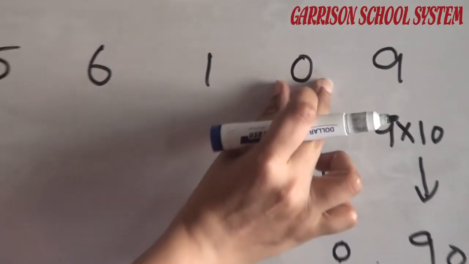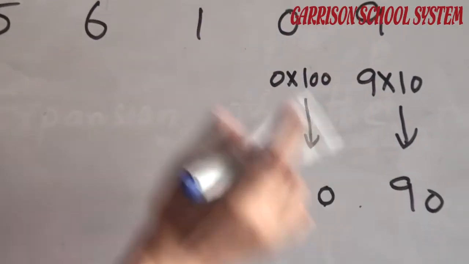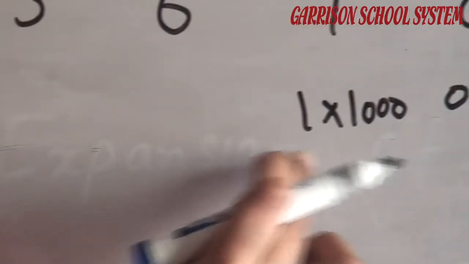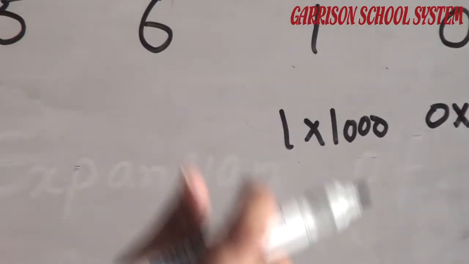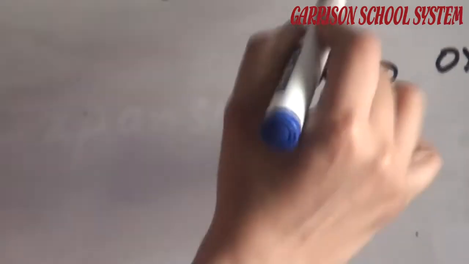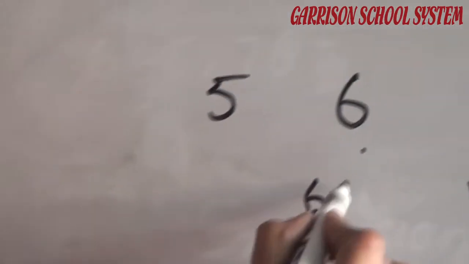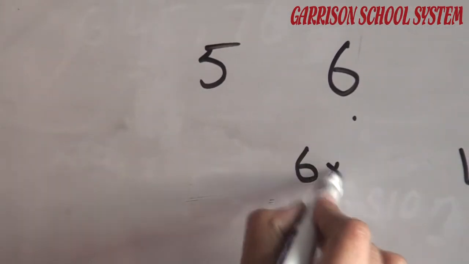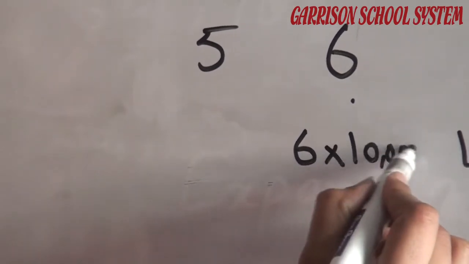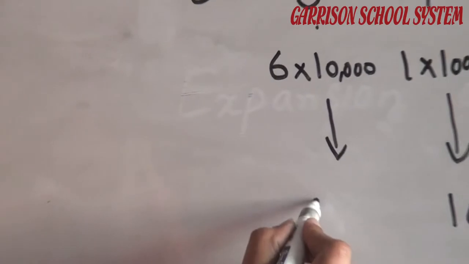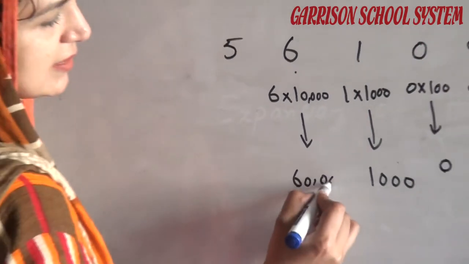The place value of this 0 is 0. 1 is in the 1000 place, so it will get multiplied by 1000, and the place value of 1 is 1000. Similarly, 6 is in the 10,000 place and it will get multiplied by 10,000, and its place value will be 60,000.